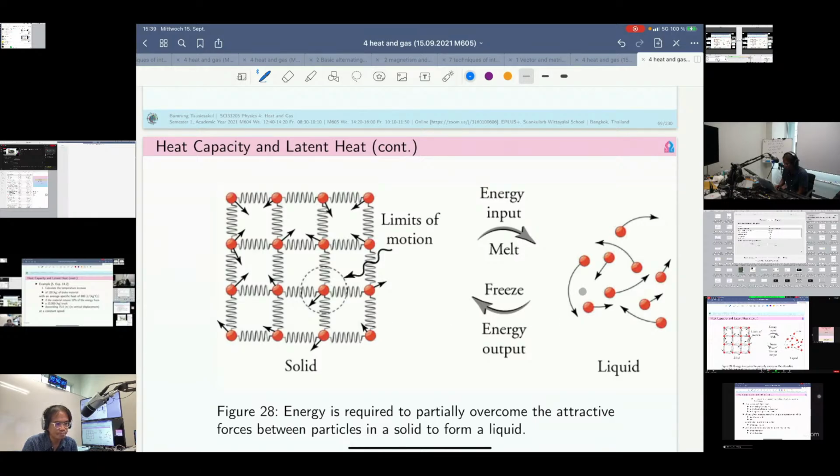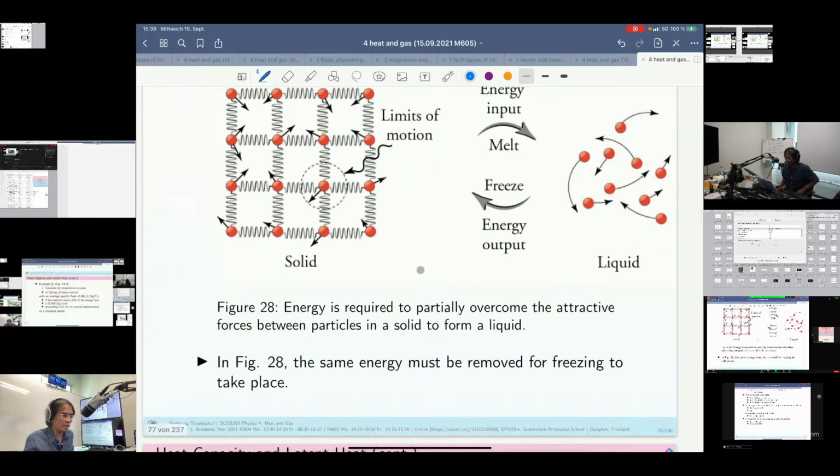If you take the energy out of this system, then, just as putting energy into the solid gives you the liquid, taking energy out of the liquid phase gives you the solid. It's like the phenomenon in the refrigerator: they take the heat out of the water, and inside the refrigerator you get pieces of ice.